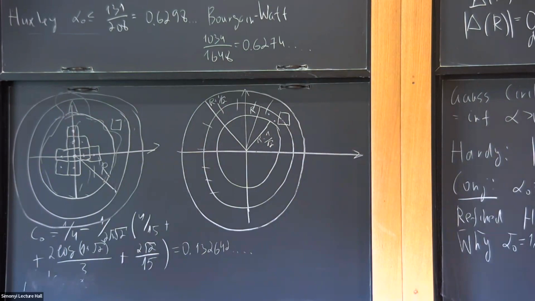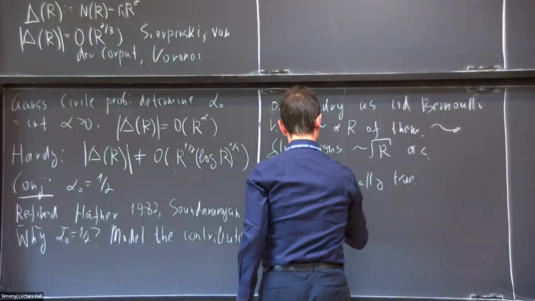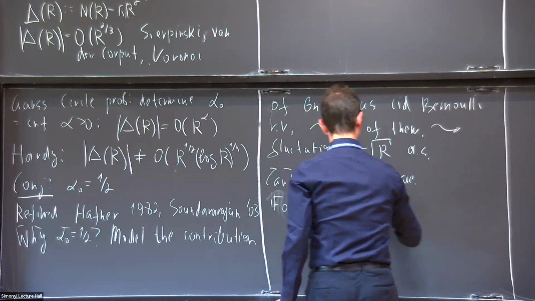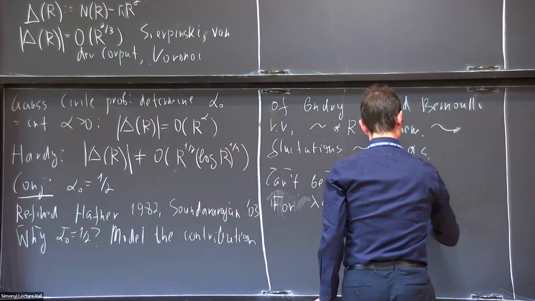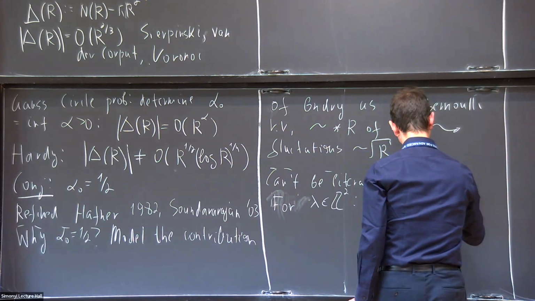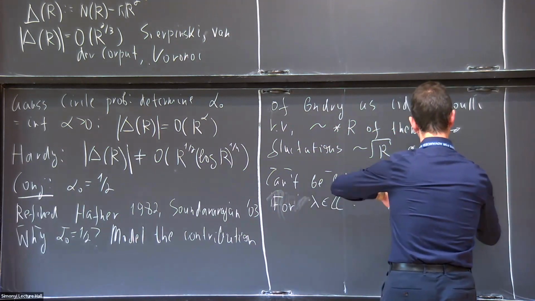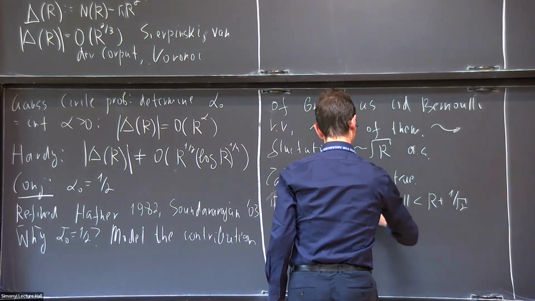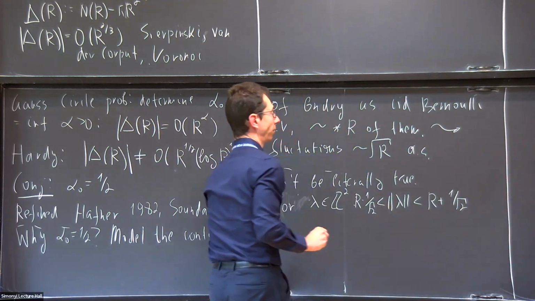For lambda between R minus 1 over square root of 2 and R plus 1 over square root of 2, we're going to define the following notion.